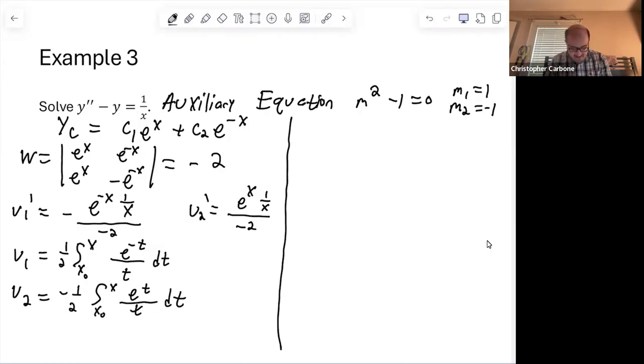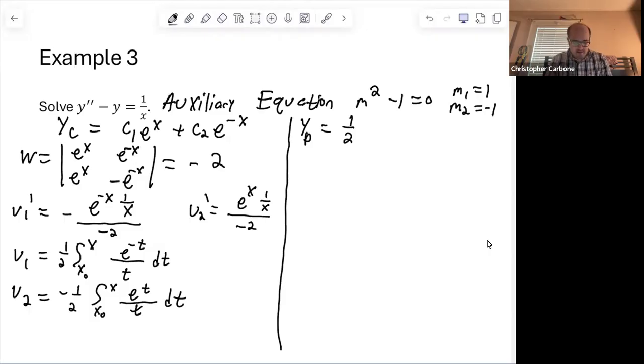So our particular solution for this, which I'll just write over here, y sub p is going to be the combination of these two. We're going to take the two integral defined solutions that we have times the associated values.